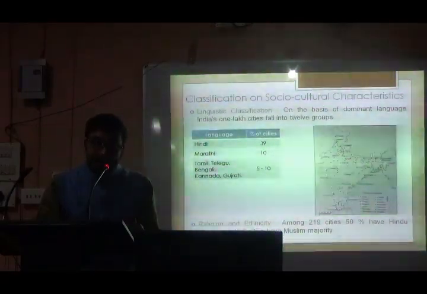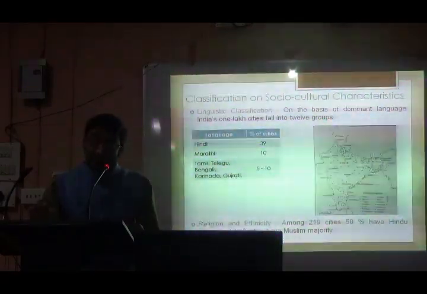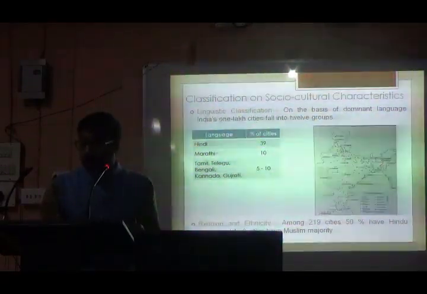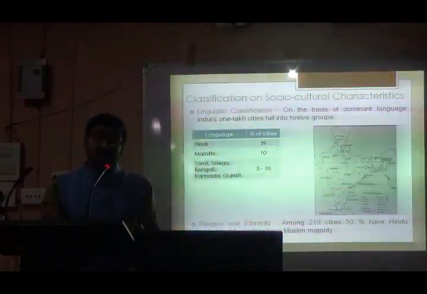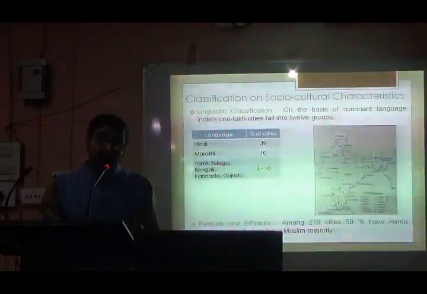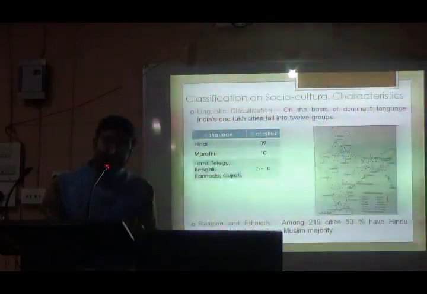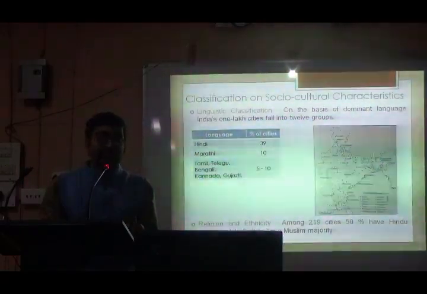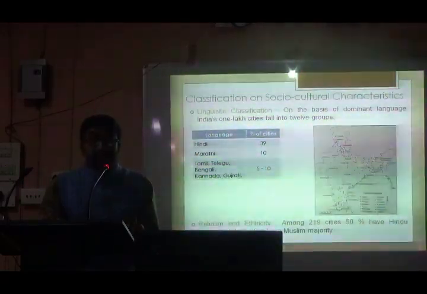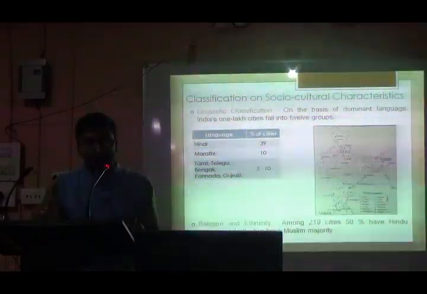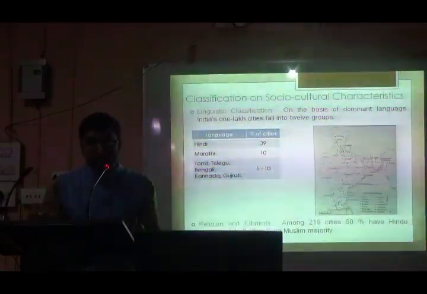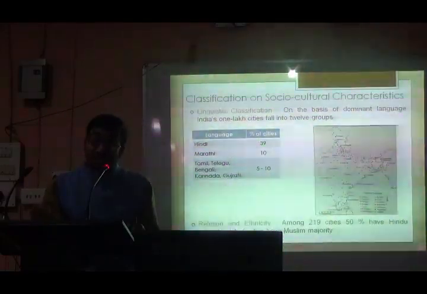In India, there are various towns primarily developed on the basis of Hindi-speaking population. Like that, there are other provincial languages like Tamil, Telugu, Bengali. There are some townships where the provincial languages predominate.